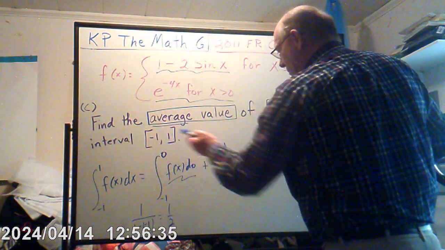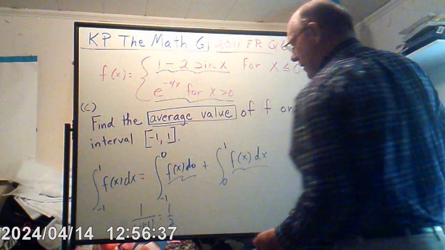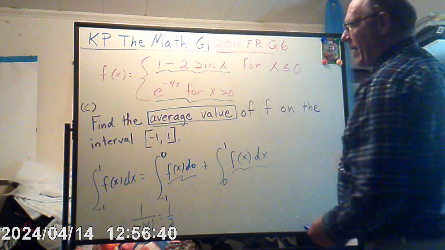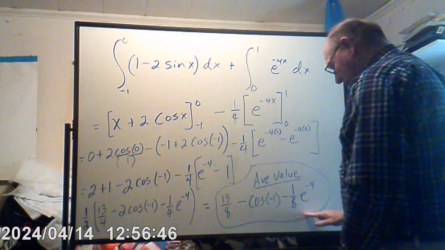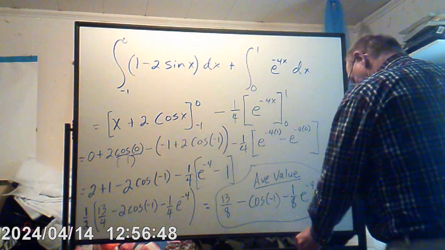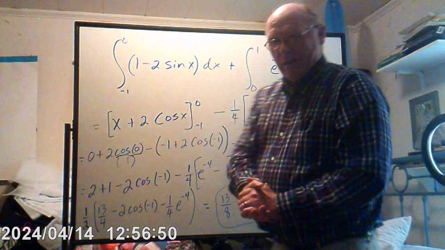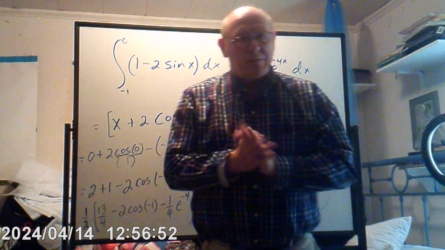It's on this interval here, so 0's in between there, and so you got to account for that. You have to divide that up just like that. Okay, well, final answer right here. That didn't take quite as long as I thought it would.